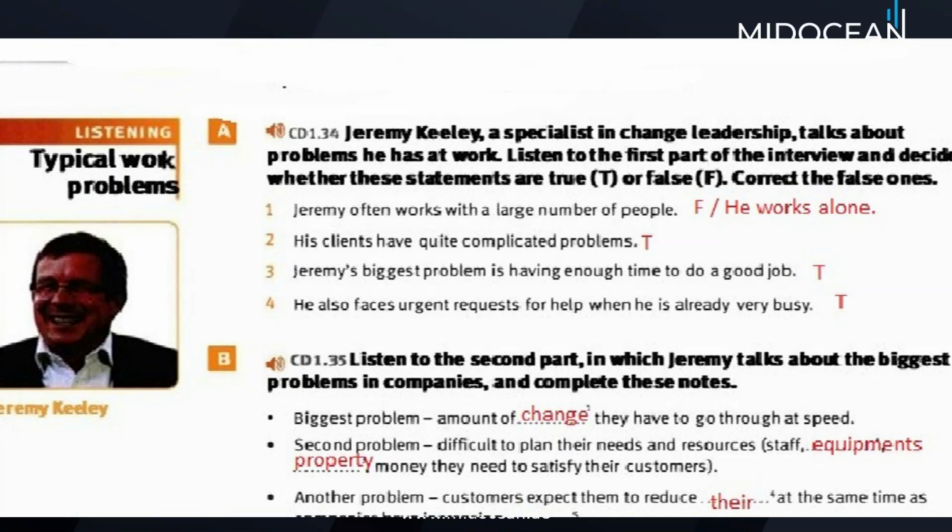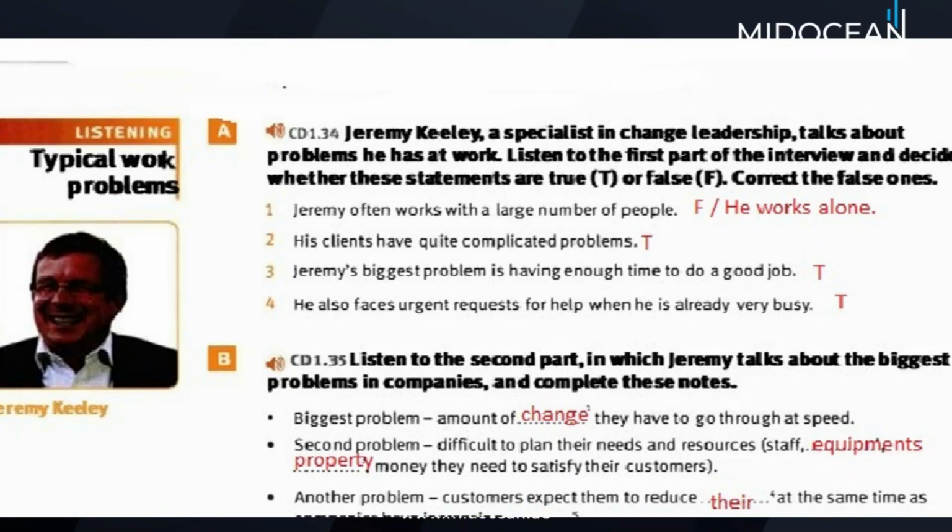Let's check the answers now. The biggest problem? The amount of change they have to go through at speed. Second problem, difficult to plan their needs and resources, such as staff, equipment, property, money they need to satisfy their customers.